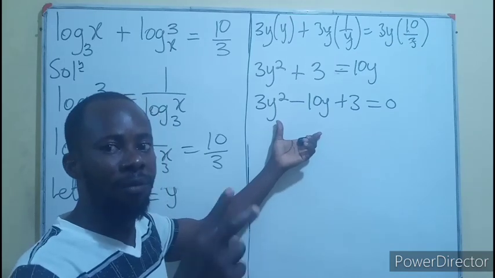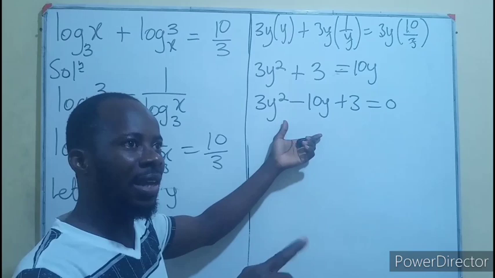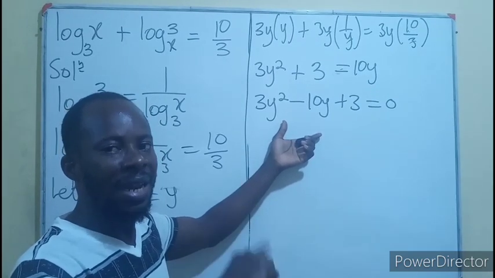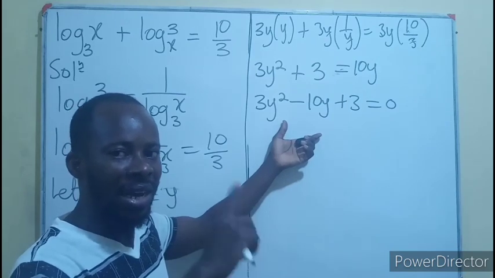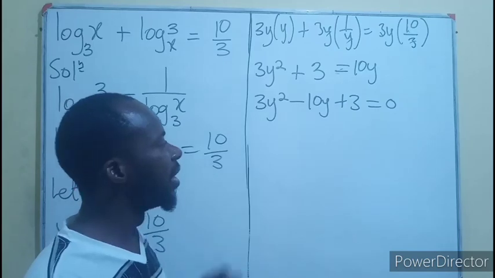Both must be negative so that when I multiply, I get a positive 9. So 9 times 1 is 9, but if I make them negative, negative 9 plus negative 1 gives negative 10.